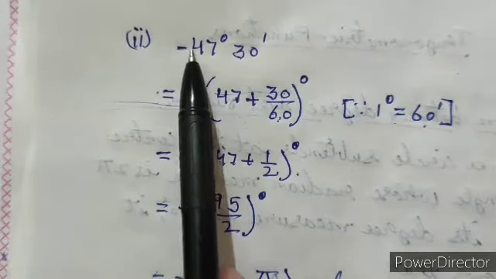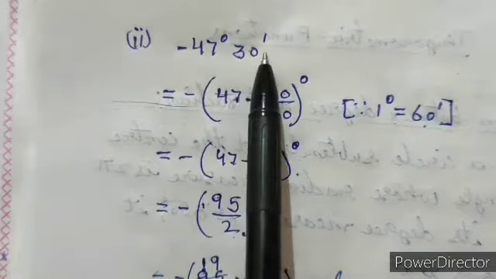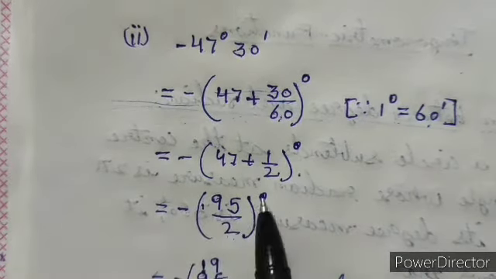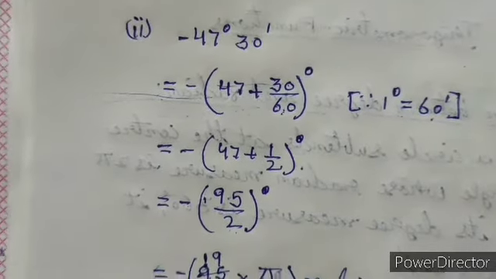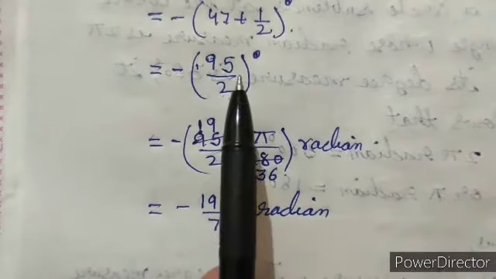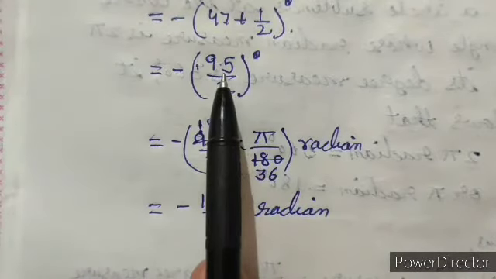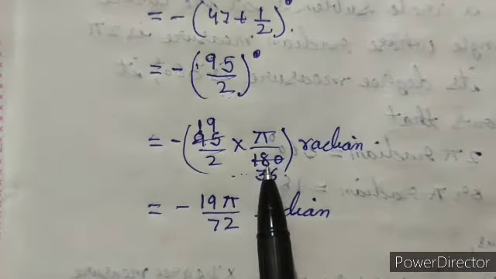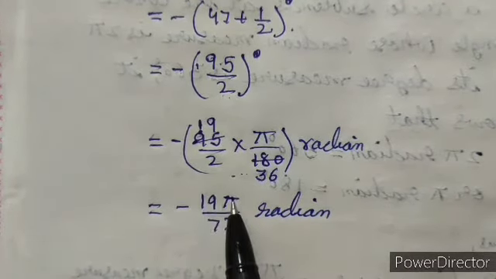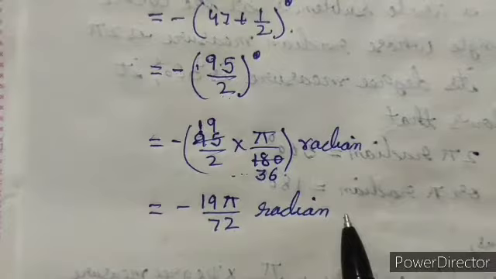Or we can say that minus 47 degree 30 minutes will be equal to minus 95 by 2 degree. Now we have to convert this minus 95 by 2 degree in radian measure, so we will multiply it by pi by 180, and that will give us minus 19 pi by 72 radian.